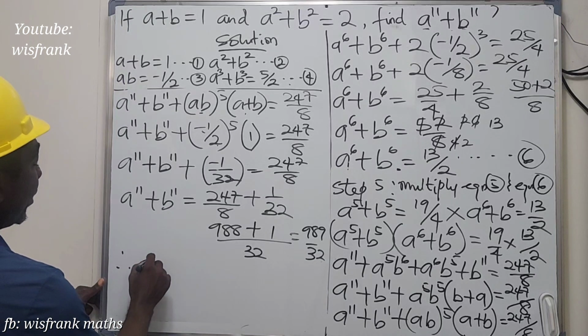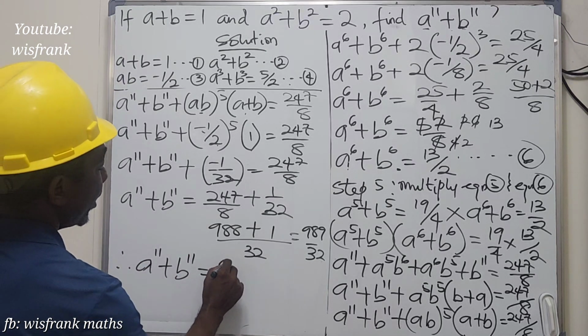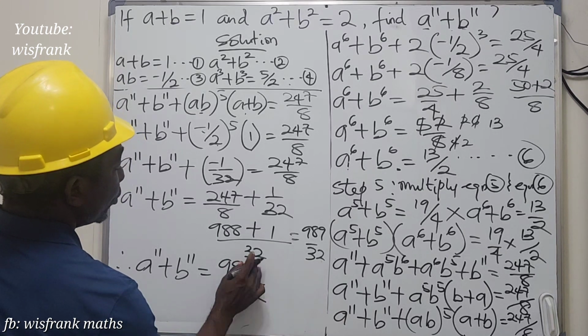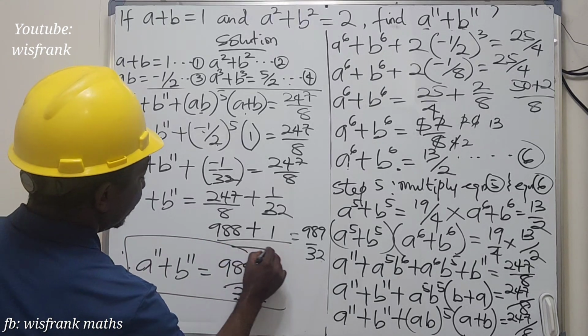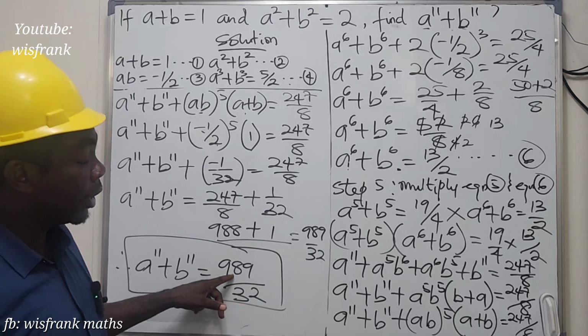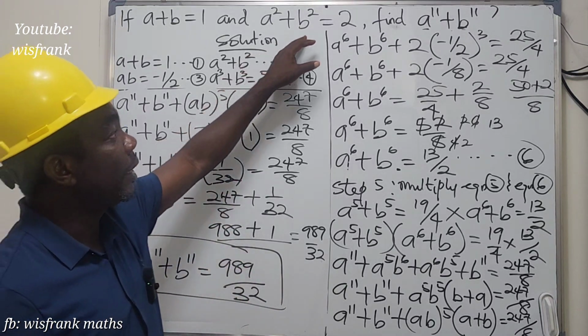Therefore, a to the power of 11 plus b to the power of 11 equals 989 all over 32. So this is the value of our a to the power of 11 plus b to the power of 11, which equals 989 all over 32, and it satisfies this expression.